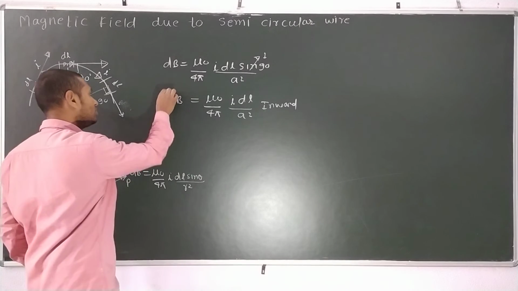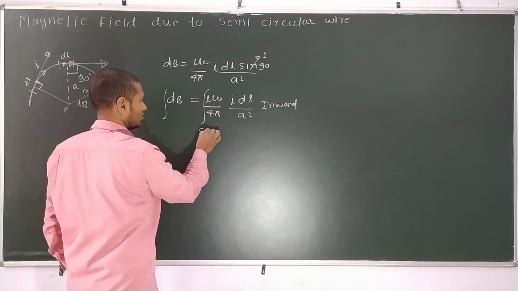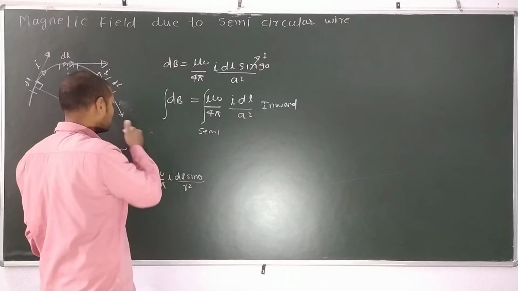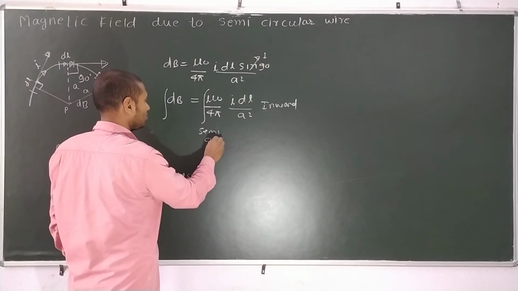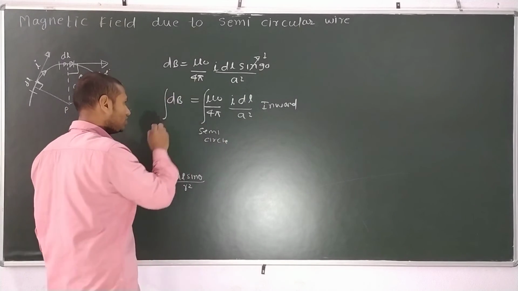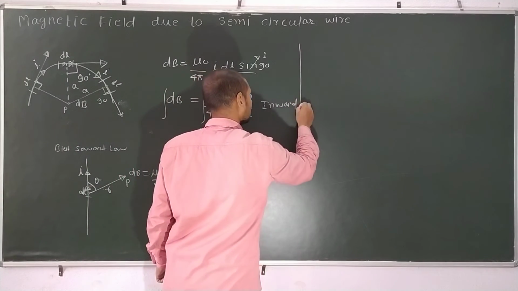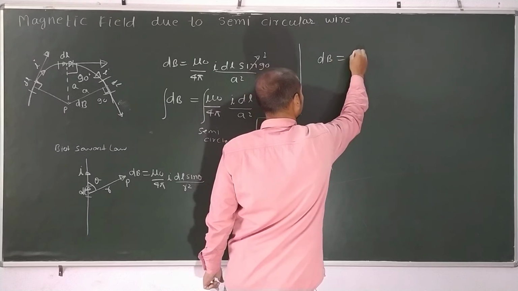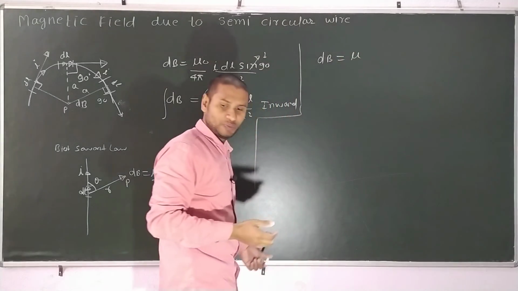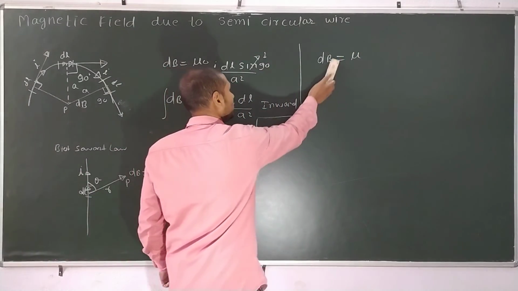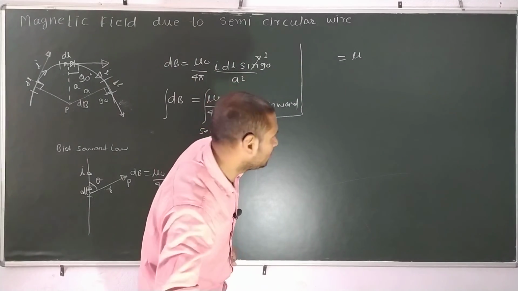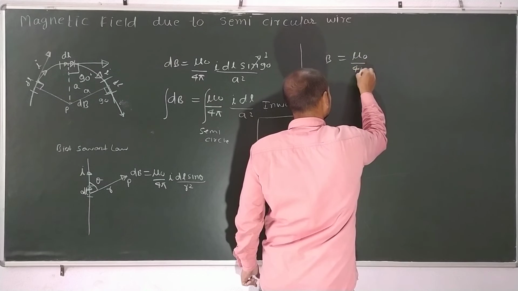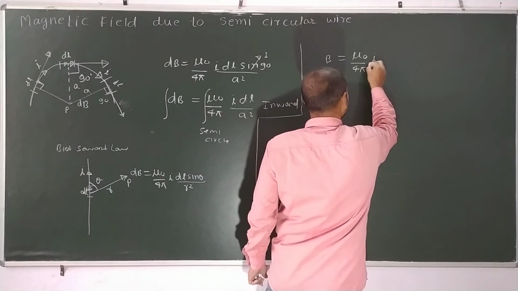We integrate this dB for the semicircle. If the direction is not the same, then we cannot integrate, but here the direction is the same, so we can integrate over the semicircle. After integrating, dB becomes B, equal to mu naught upon 4 pi I upon a square.